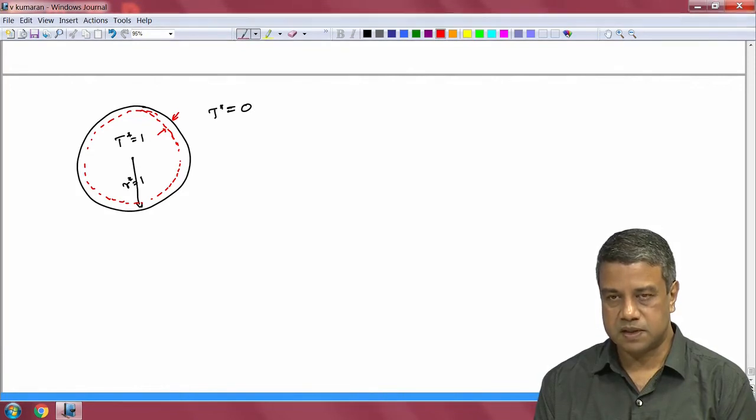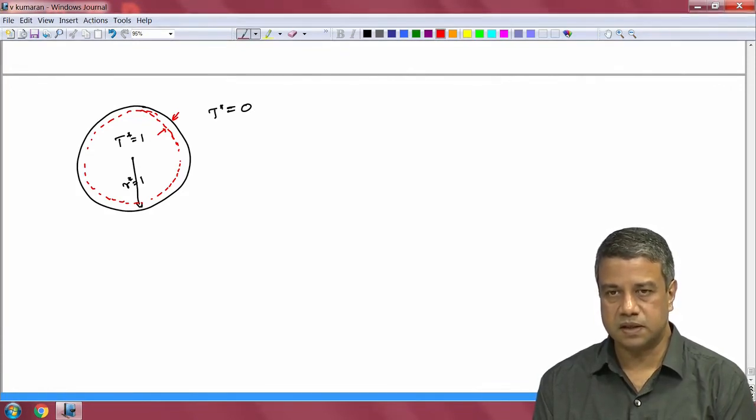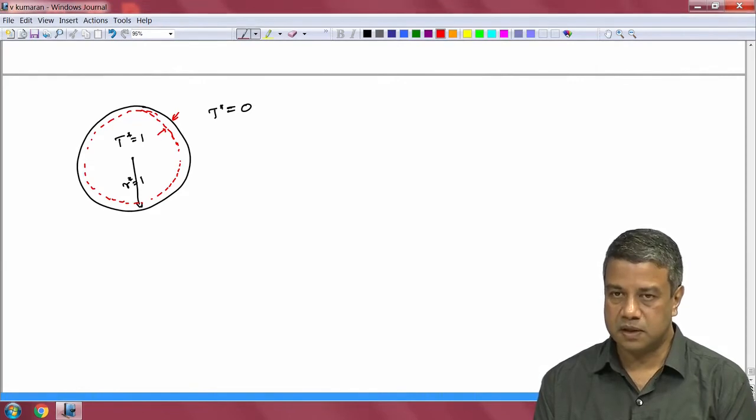That penetration depth, since it is small compared to the radius of the cylinder, cannot depend upon the radius of the cylinder.